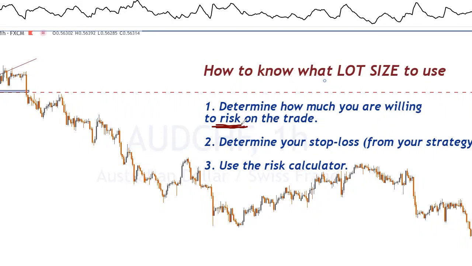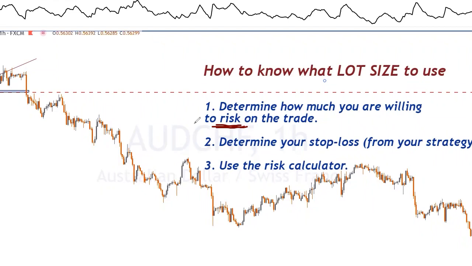It is advisable as a rule of thumb for beginners to risk anywhere around 1% on a particular trade. So 1% of $5,000 is just $50. How do I know? Remove 2 zeros from behind 5,000. So you have $50.